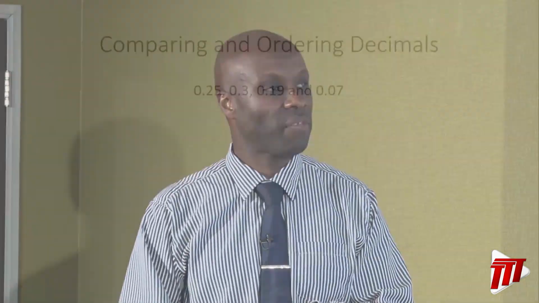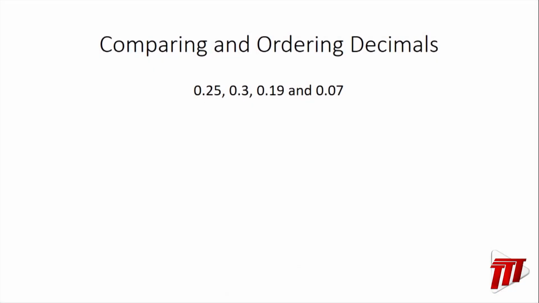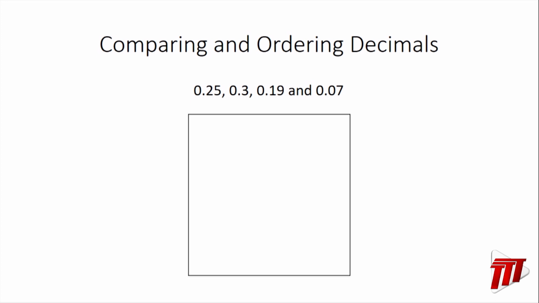Moving along, here we have 4 decimal numerals: 25 hundredths, 3 tenths, 19 hundredths, and 7 hundredths. Looking at each of those numerals, we can tell that each represents a value that is less than 1 whole. So I'm going to represent each one of those decimal numerals using our whole.